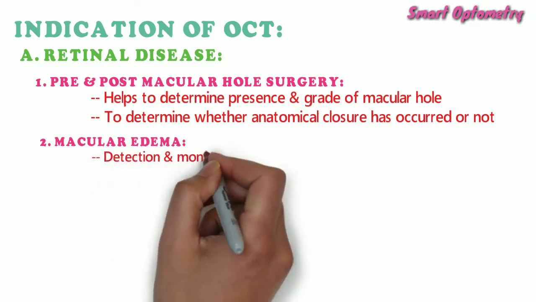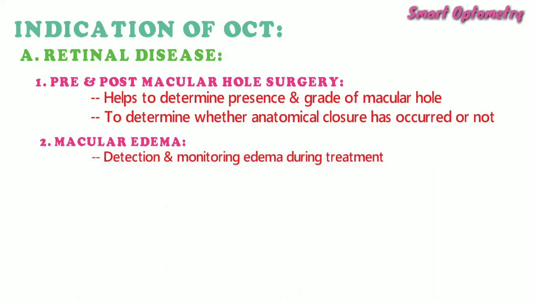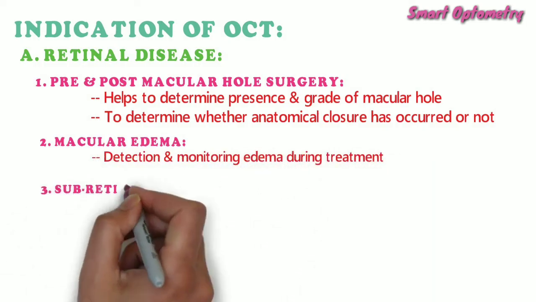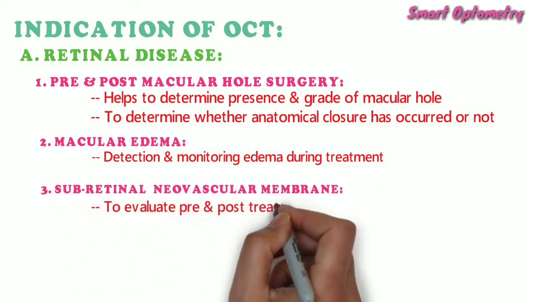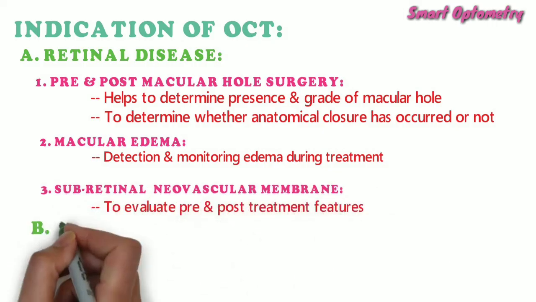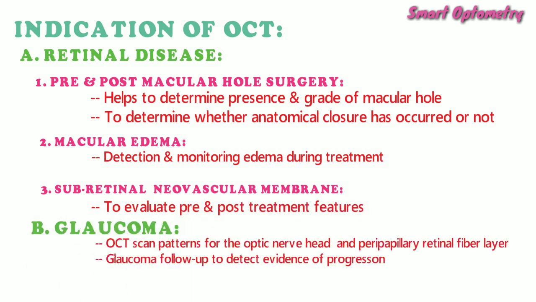Detection and monitoring of edema during treatment. 3. Subretinal neovascular membrane, to evaluate pre and post treatment features. B. Glaucoma. OCT scan patterns for the optic nerve head and peripapillary retinal nerve fiber. Glaucoma follow up to detect evidence of progression.